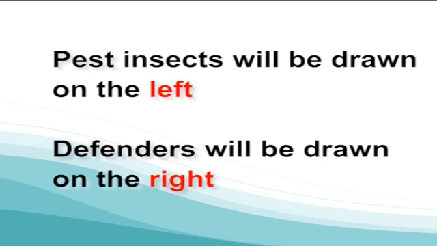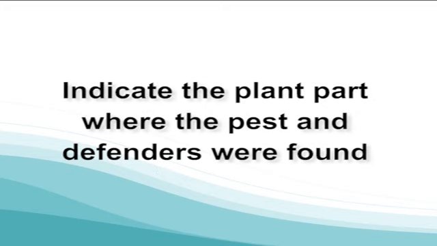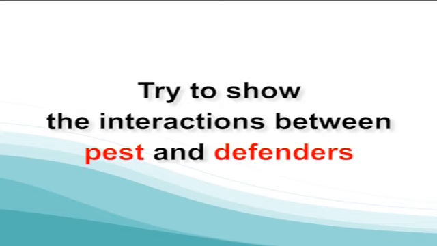Pest insects will be drawn on the left. Defenders will be drawn on the right. Write the number next to each insect. Indicate the plant part where the pest and defenders were found. Try to show the interactions between pest and defenders.